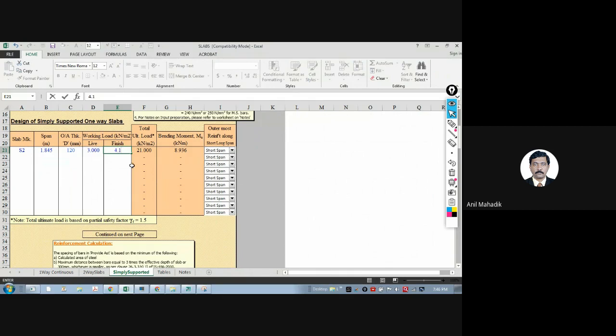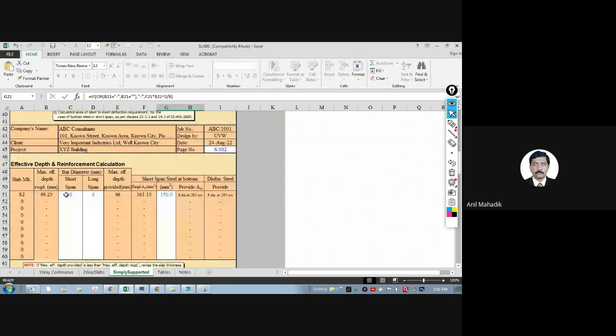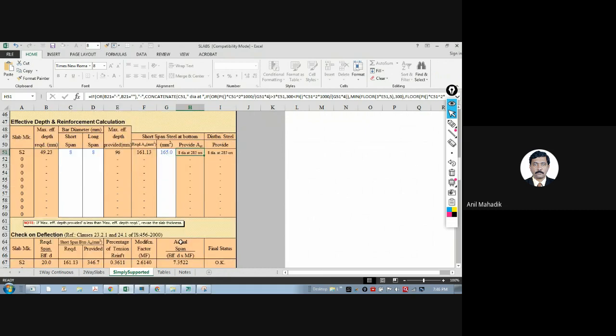Along short span, moment is coming out to be 6.446. Generally we start the reinforcement in slab from 8 mm nowadays. 6 mm is now not used. How much AST required? 161. Let's put 165. As the span is very less, you are getting the same steel actually here. So if the spans are more, then you will get more steel here.